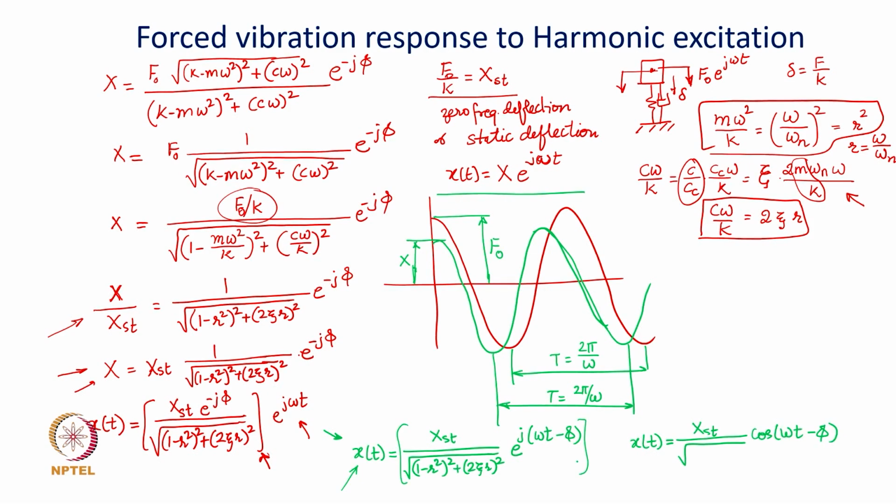But you can as well keep using this expression which defines the response of a single degree of freedom vibratory system to a harmonic forcing function with constant amplitude capital F naught. X_ST we refer to as F naught over k.